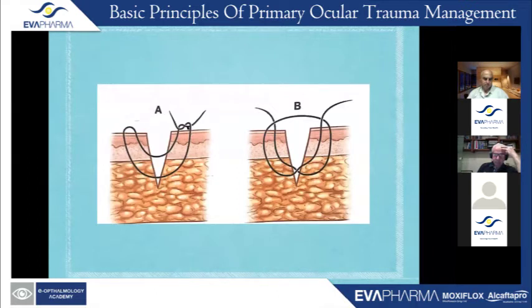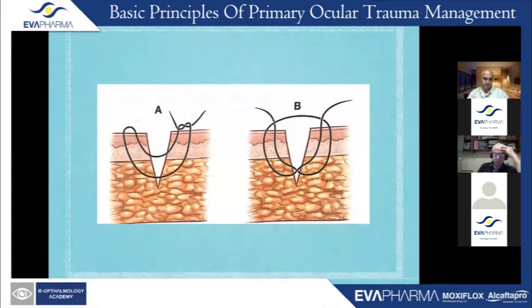So you start far with your needle, you go deep into the tissues, and you go out here far. Then you take the needle again in the near point, near the margin, and you go out also near the margin. Then you suture your wound. This will evert the lid margin and keep it everted to avoid notching of the lid margin.